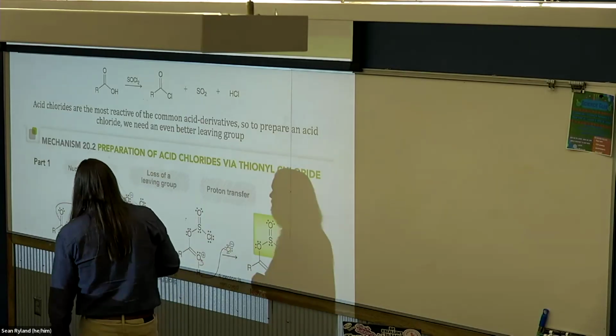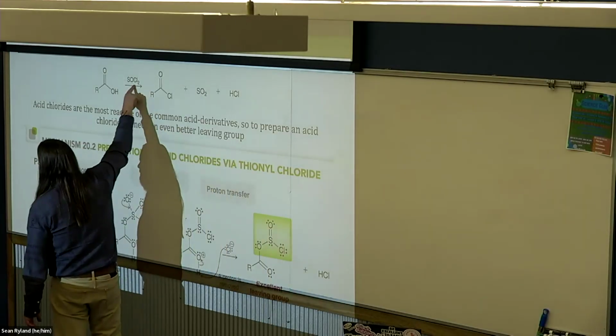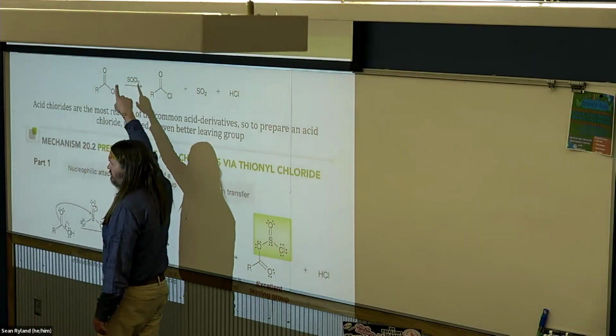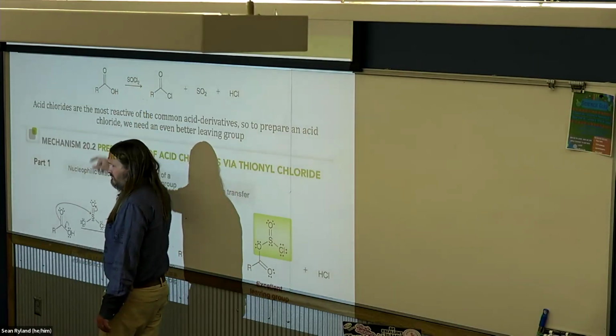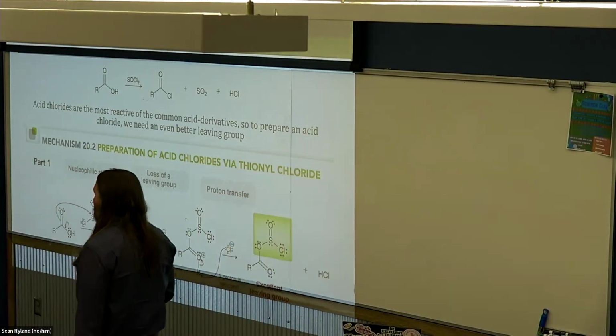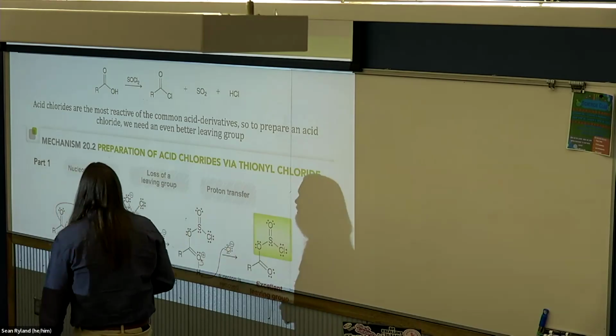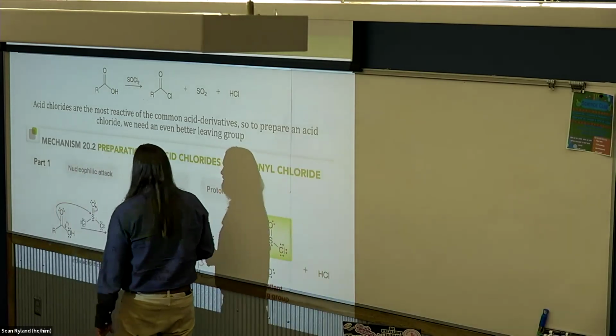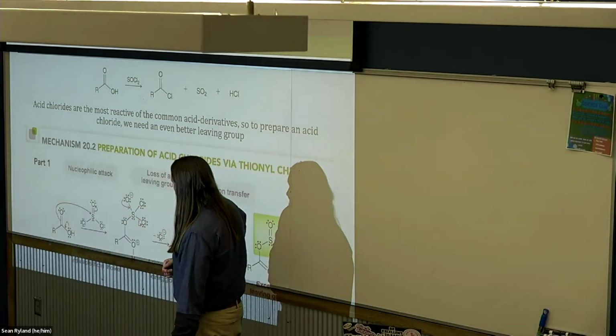And it turns out, if we use thionyl chloride, this is a molecule we've seen before, it showed up back last quarter sometime. I'm trying to remember exactly what the mechanism was, where it showed up. It's going to work pretty similarly here.